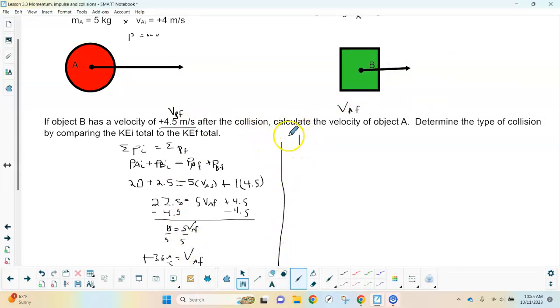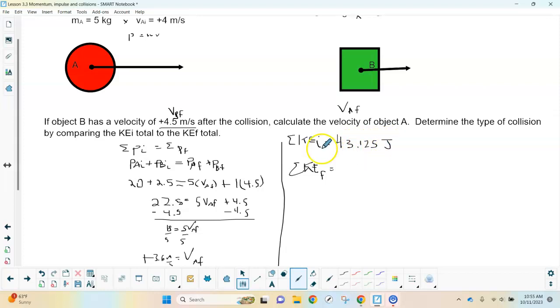For the kinetic energies, you're going to do the total kinetic energy initial and final, just like we did in the last problem. So I'm going to skip ahead and just give you the answers that I got when I did this. But it's really just using the 1/2 mv squared equation for each and then adding them. So I got 43.125 for the initial.